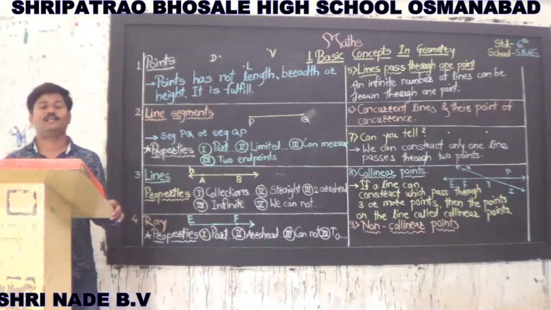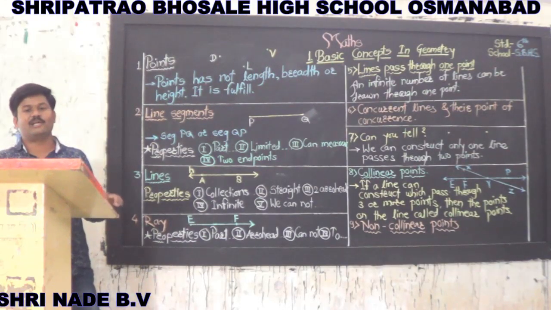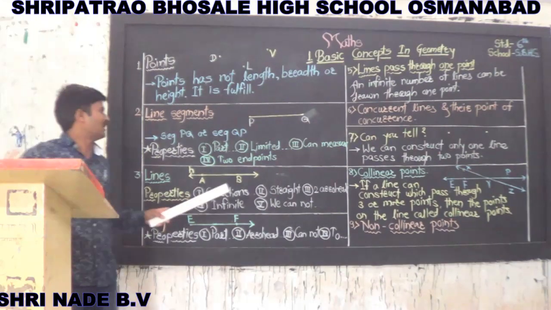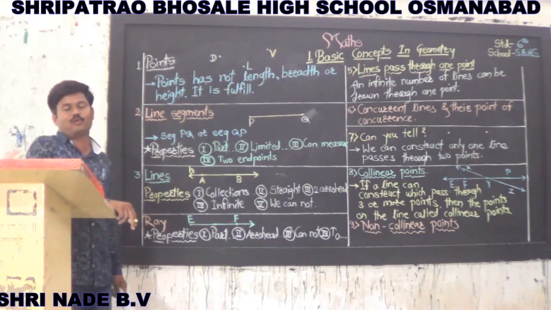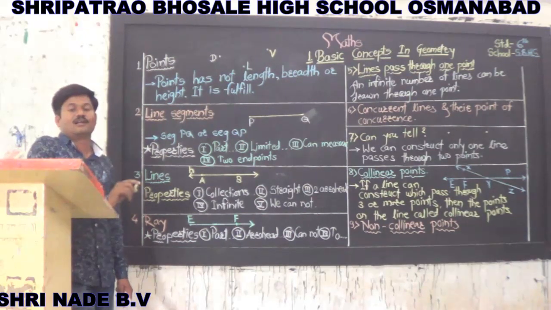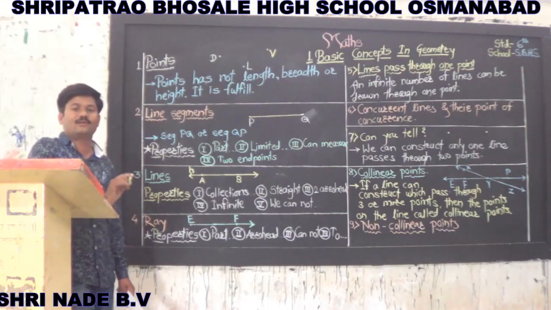Now, listen carefully. If we extend a line segment on both sides of the endpoints, how far can it go? We can extend the line segment to the end of the page of paper.